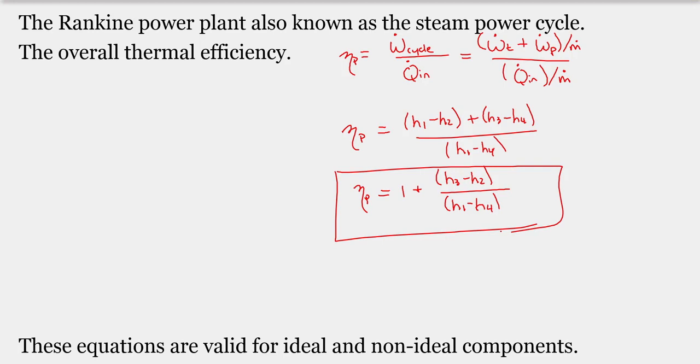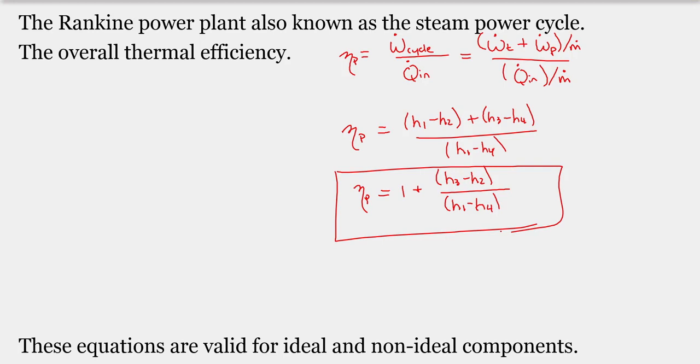And as you somewhat expect, for an actual power plant, the efficiency depends on the state at all 4 key conditions. So at all 4 states, the entrance and exits of all of the individual components. The Carnot efficiency only cares about the 2 temperatures in the system. The actual efficiency includes contributions from each of the states.